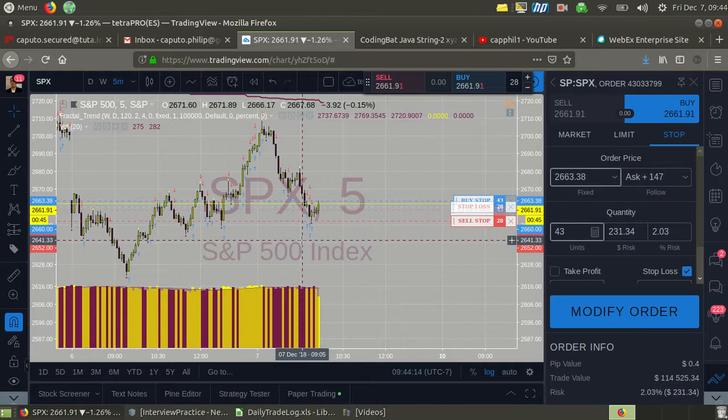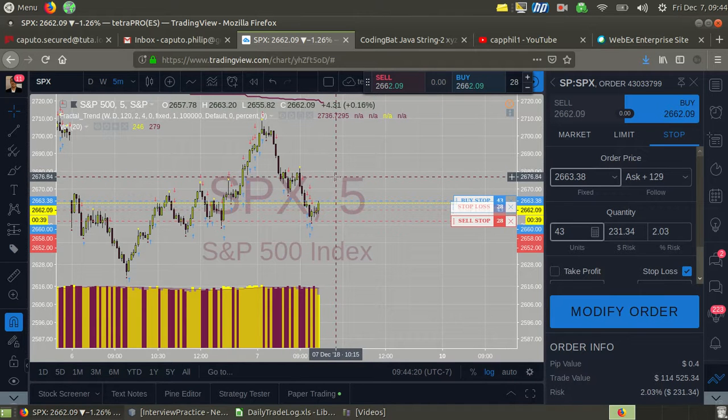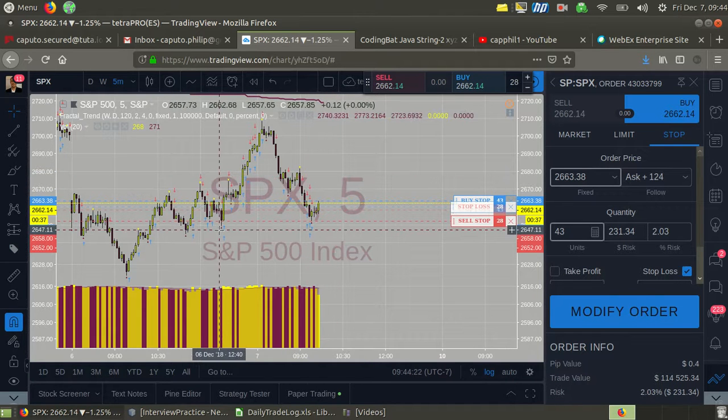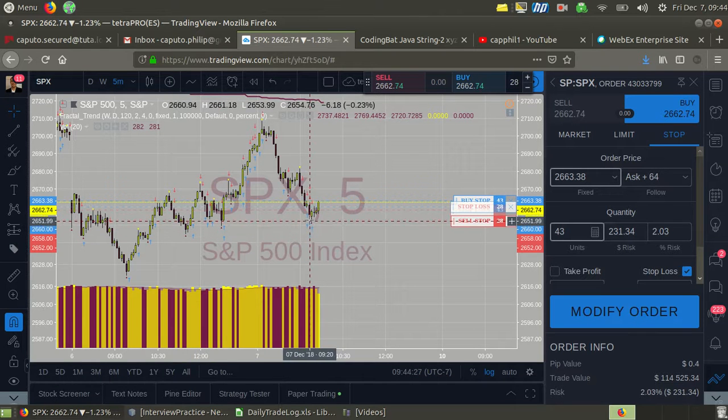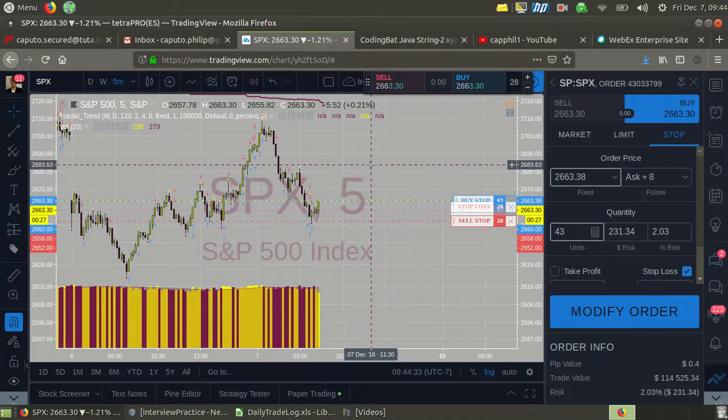So it looks like we may have a turnaround right here. We got this fractal bottom right here, and this one looks like maybe it came down to where it needed to be. Perhaps we'll trend forward up from this point.